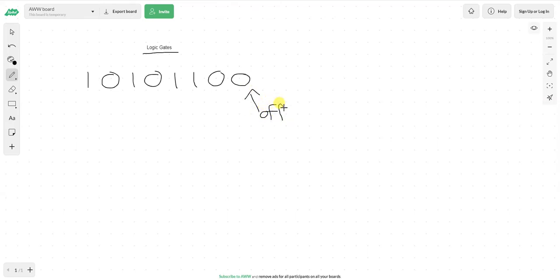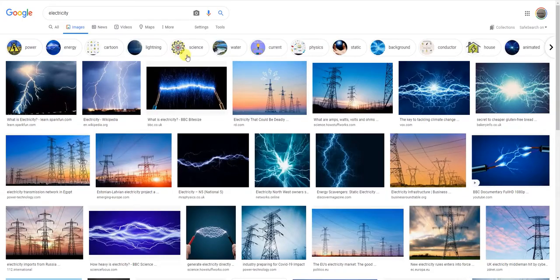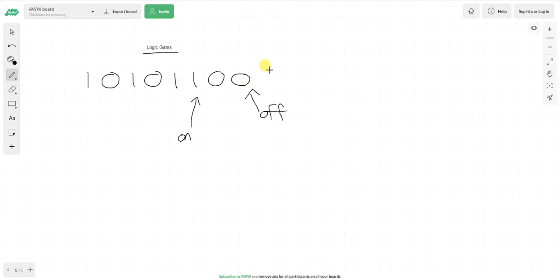That's electricity turned off. Then a 1 would obviously be on. Hence, that's why we can use electricity to represent and use this to manipulate numbers. And that's why computers are really good at this. So they use electricity, which is simply on and off, and we can use this then for our binary data.